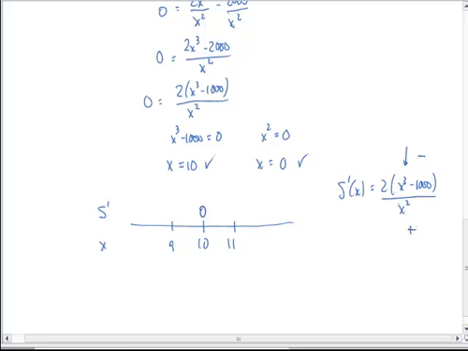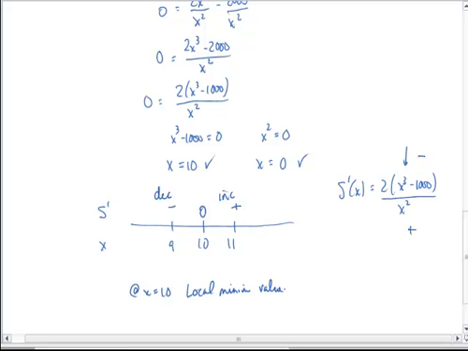So over here on this side we have a negative derivative when x is less than 10, and when we plug in a larger value than 10, we'll end up getting a positive over positive, which will tell us that the function went from decreasing to increasing, which confirms that we found at x equals 10 a local minimum value.